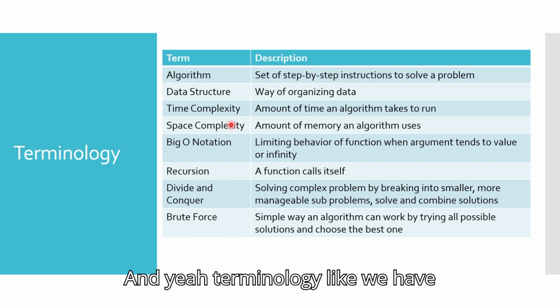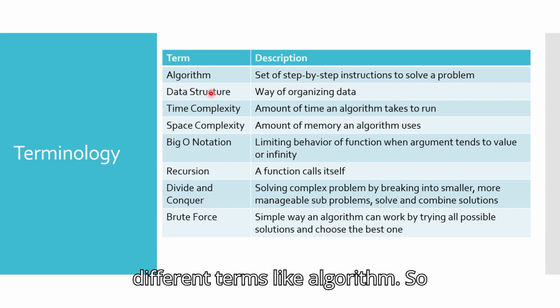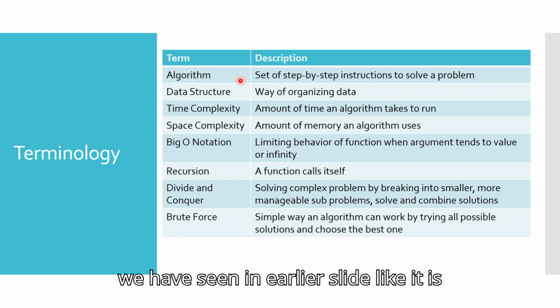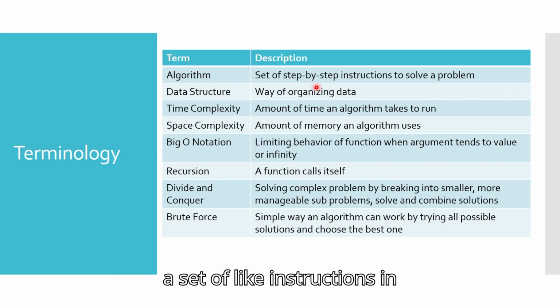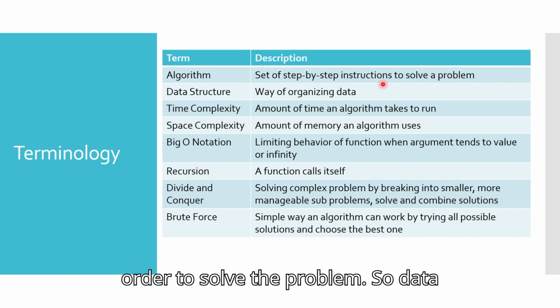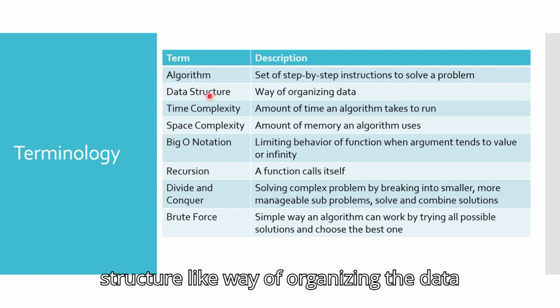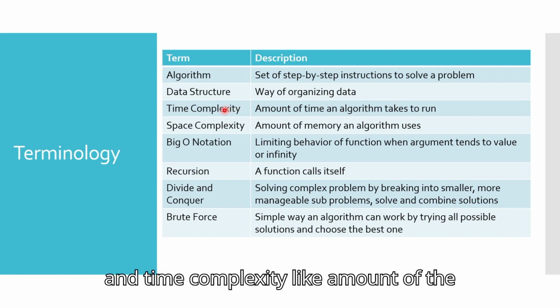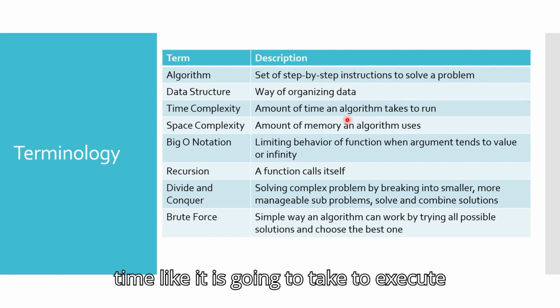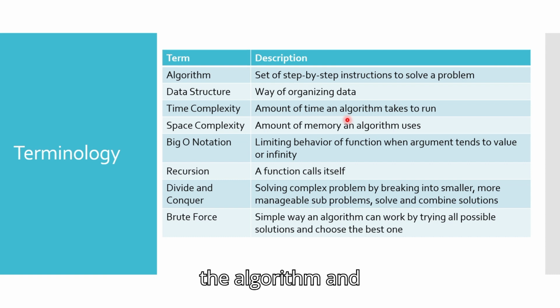And terminology: we have different terms. Algorithm, as we have seen in the earlier slide, is a set of instructions in order to solve a problem. Data structure is a way of organizing the data. Time complexity is the amount of time it is going to take to execute the algorithm.